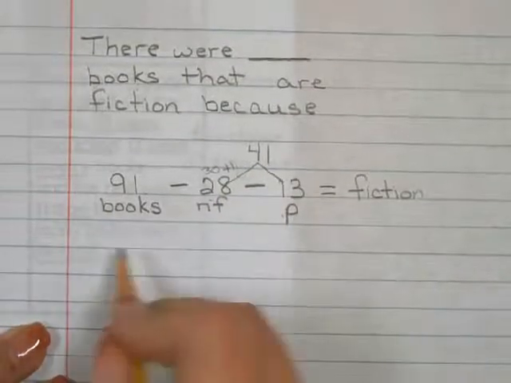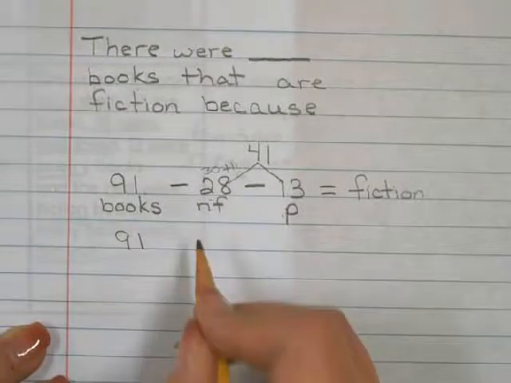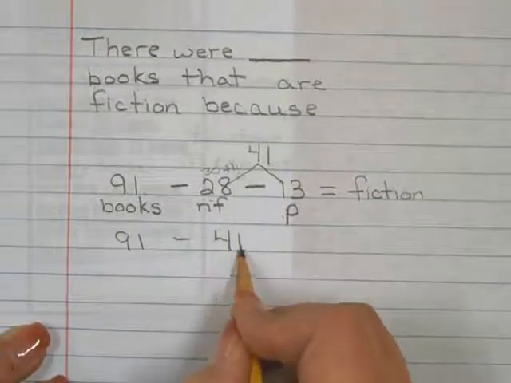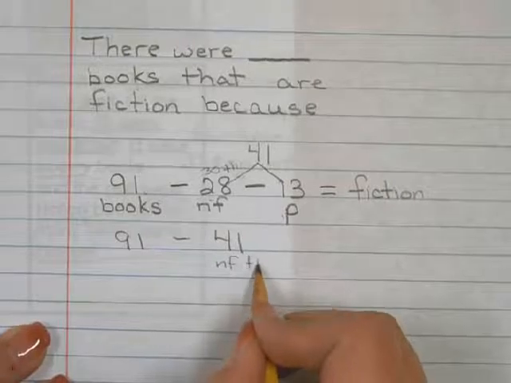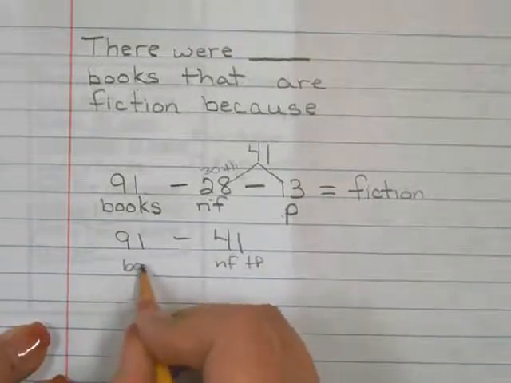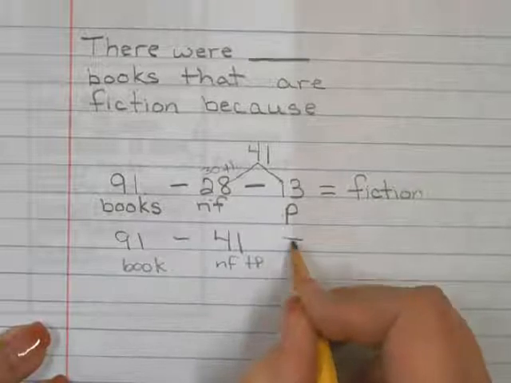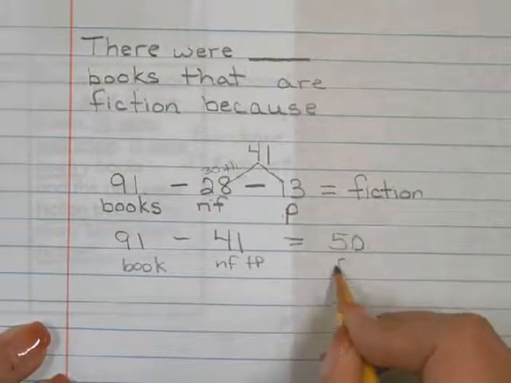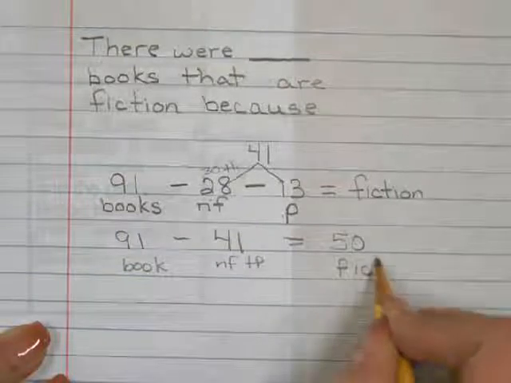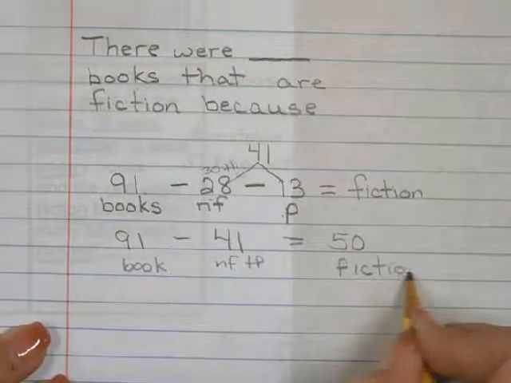So if I take those 91 books and subtract the 41 books that are nonfiction and poetry, then I would end up with 50 fiction books.